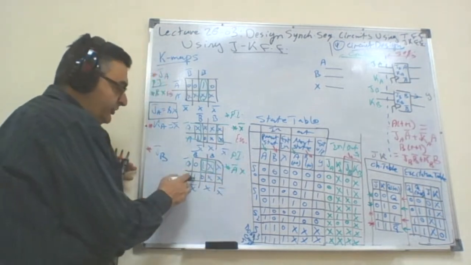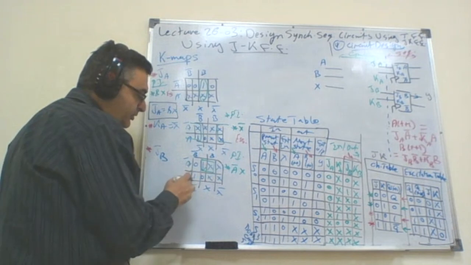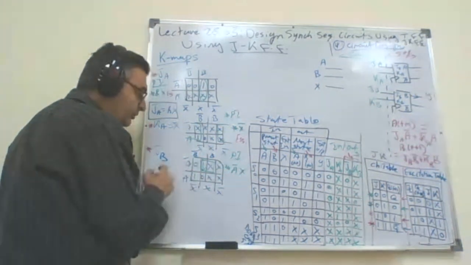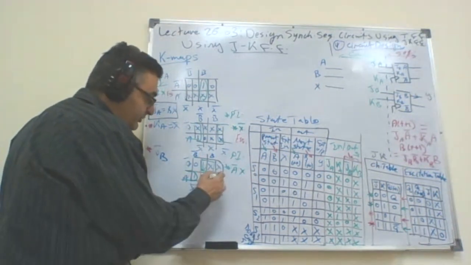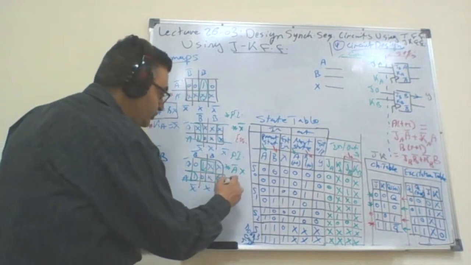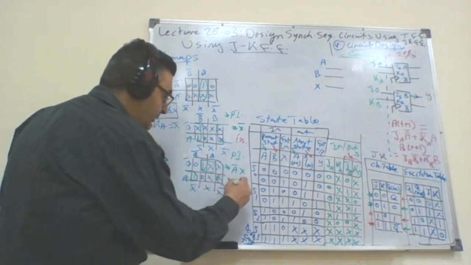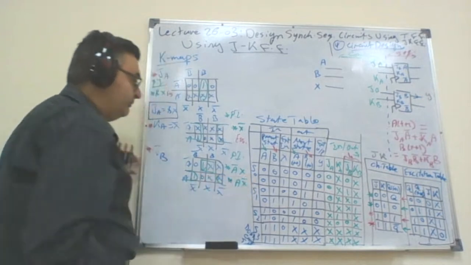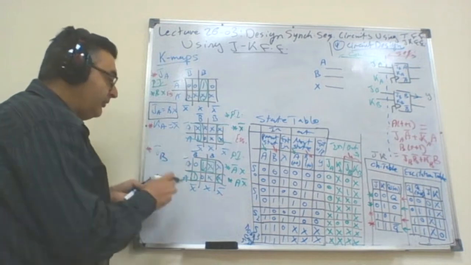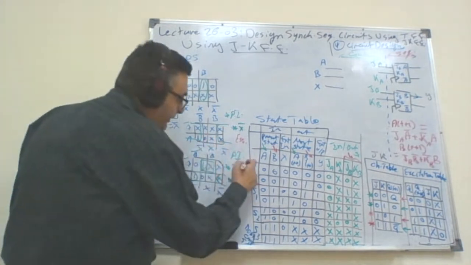The second contour is for this one. Now I'm done with this. With this one, I cannot go up, cannot go right. I can go to the left. I will take this with this, which will give me the contour AX bar. Both of them are essential.